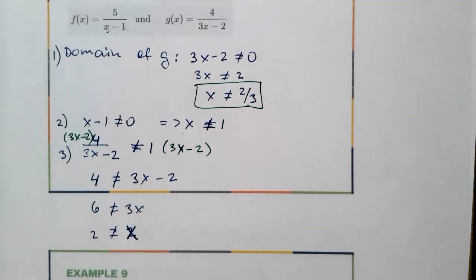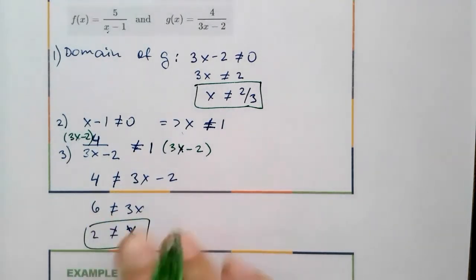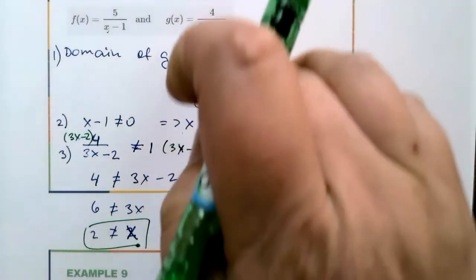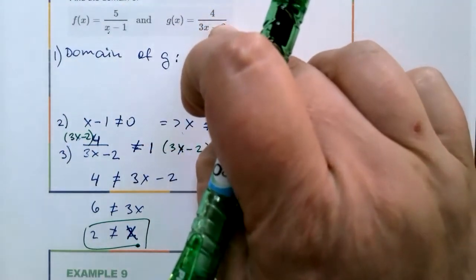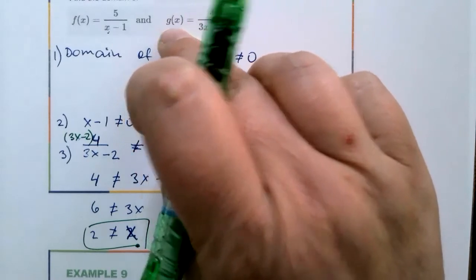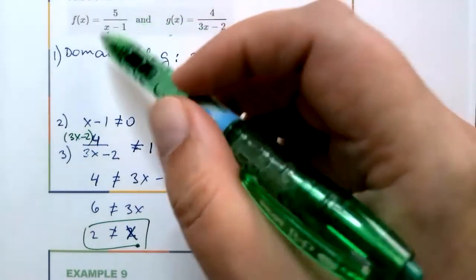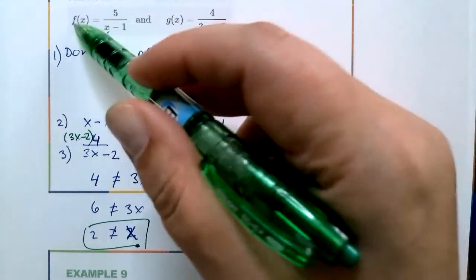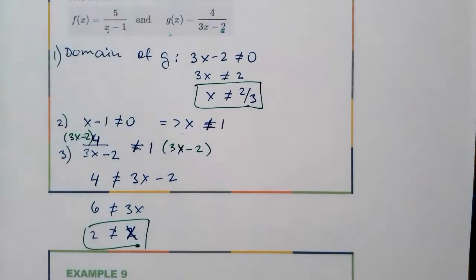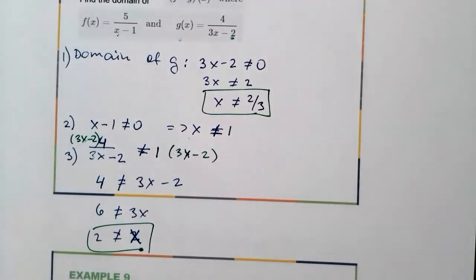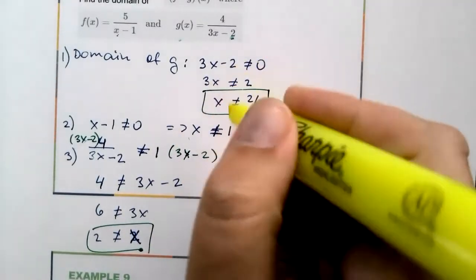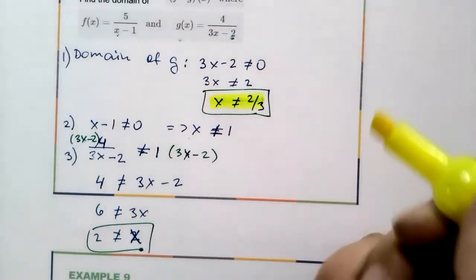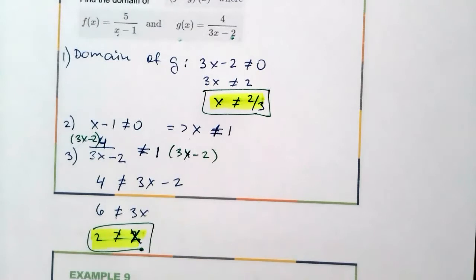Okay, so these are those x's that when we put into g will give us 1 as the value of function g, so that we cannot put it into function f because it would render f undefined. Okay, so now we're going to combine both of these. Our domain should not include 2/3, and it should not include 2.